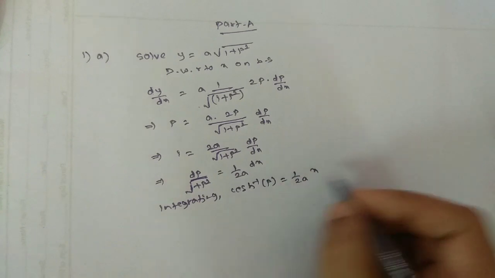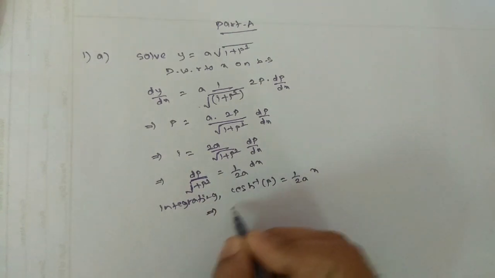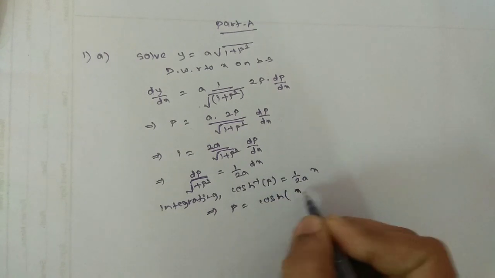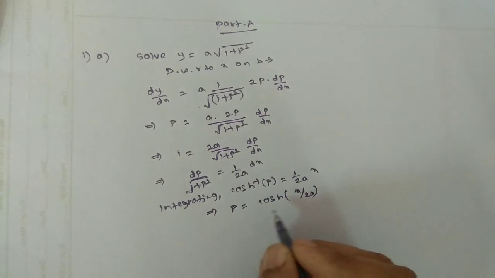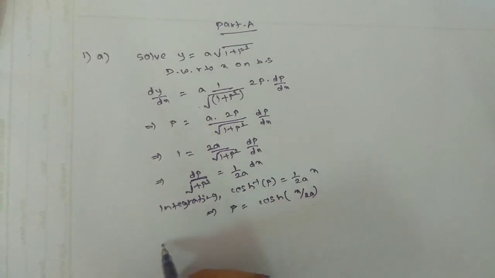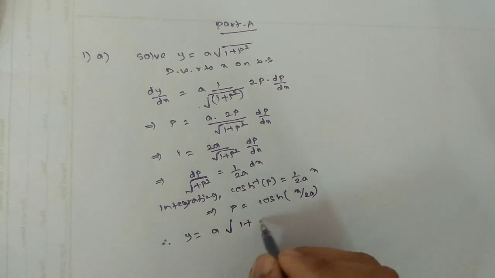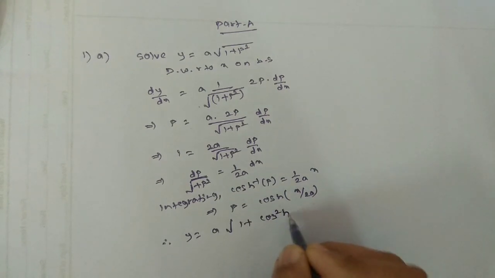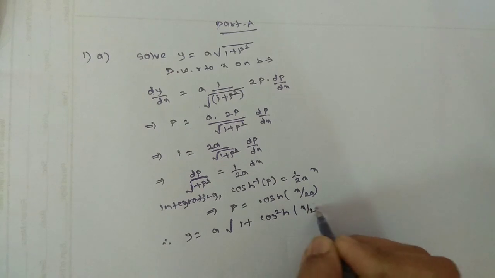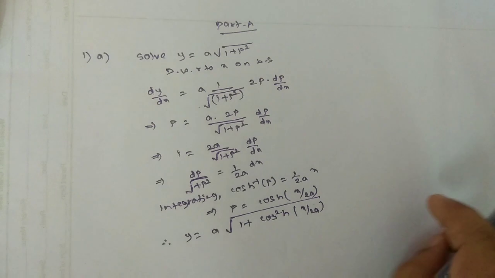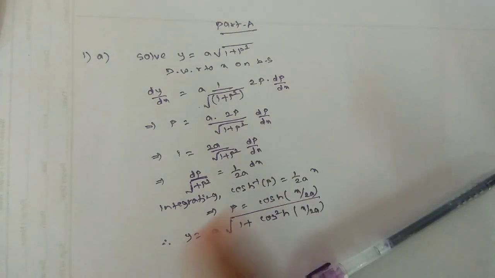So p equals cos h of x by 2a. This value you substitute in your given equation. Therefore the final solution is y equal to a into under root of 1 plus p square, which is a cos square h of x by 2a. This is your final solution of Part A, 1a bit.